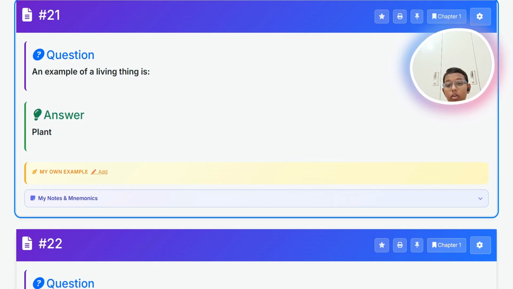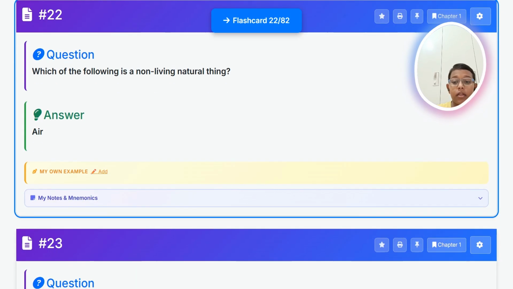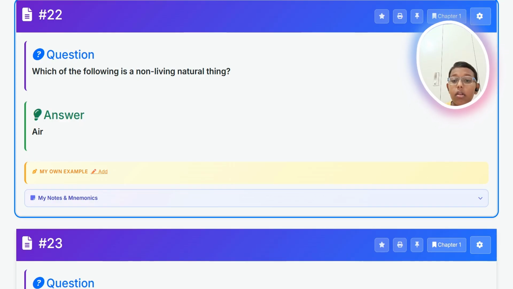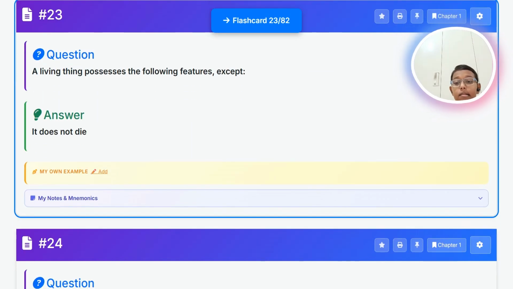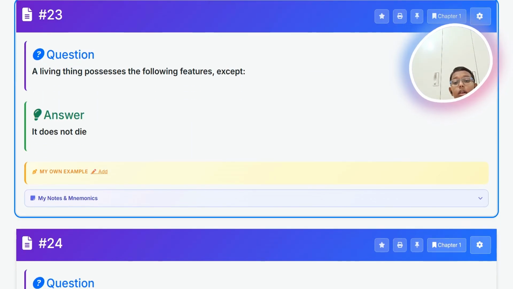An example of a living thing is plant. Which of the following is a non-living natural thing? Air. A living thing possesses the following features, except it does not die.